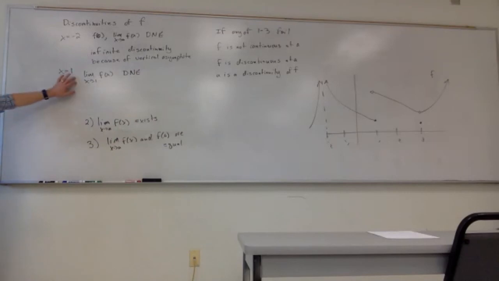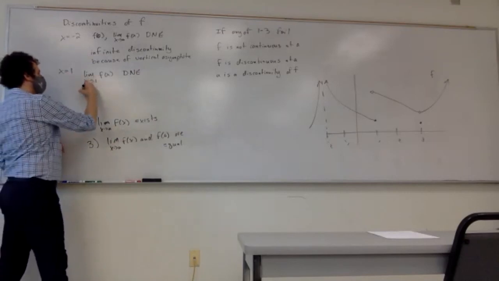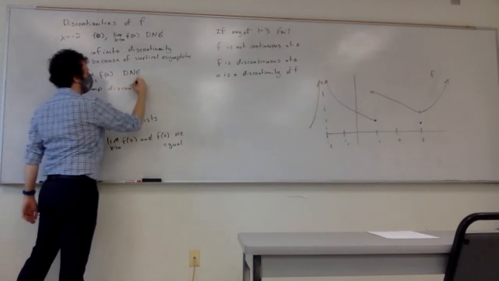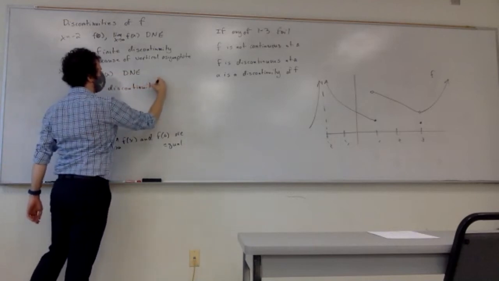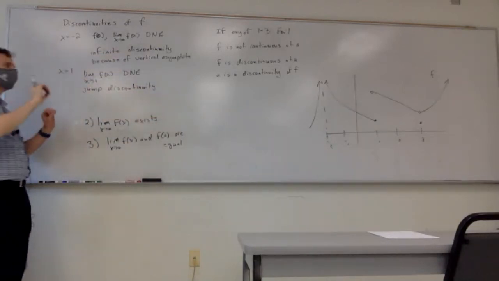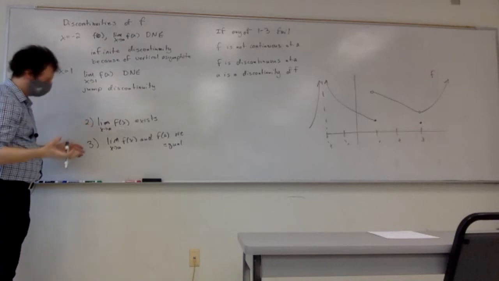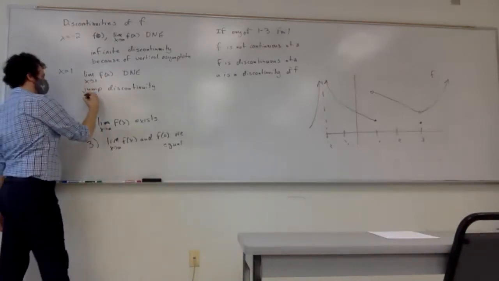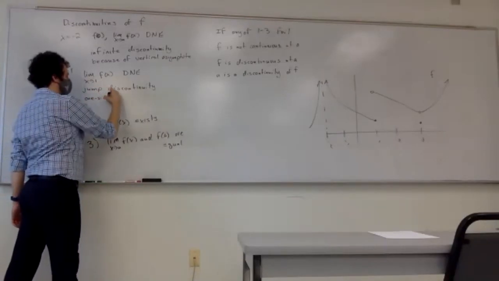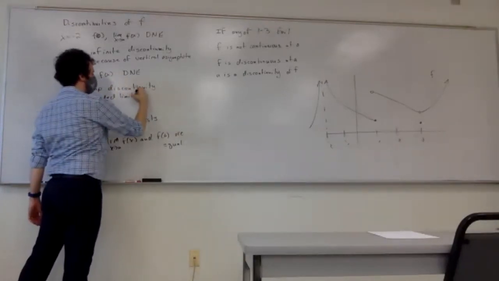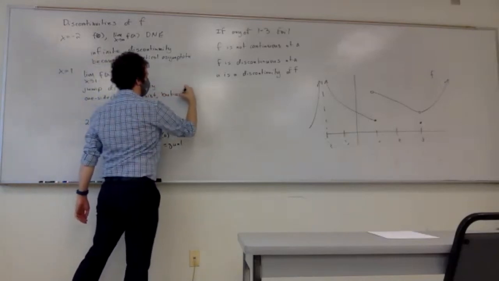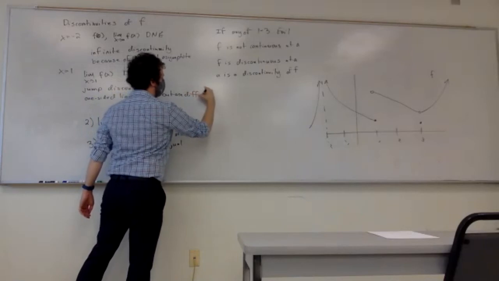There's some terminology for this case too. This is what's called a jump discontinuity, which matches pretty well because there's that jump. Exactly what is making it a jump, though, is that the one-sided limits exist, but are different.